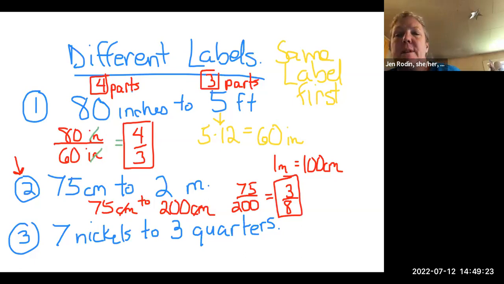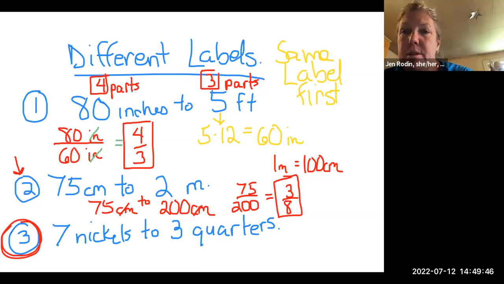And then the last one, I'll go on the next page for, but that one we don't write 7 to 3 because even though they're 2 different things, and I was just saying we're comparing different things, we can convert them both to how many cents they are. So we could convert it to cents, and then we could get rid of those labels.